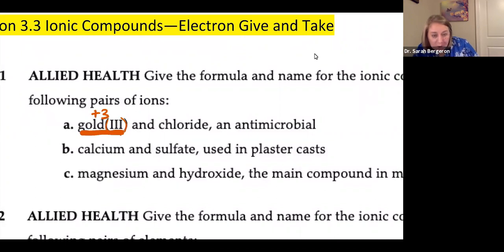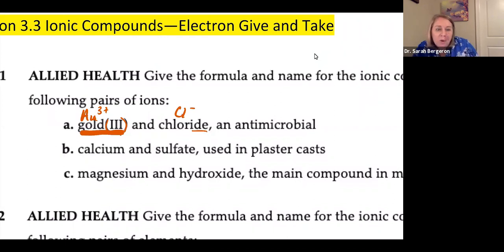Chloride is the ion of chlorine, so it's going to be Cl-. Gold is Au, I should have done that. Au3+, Au is gold, Cl is chlorine.